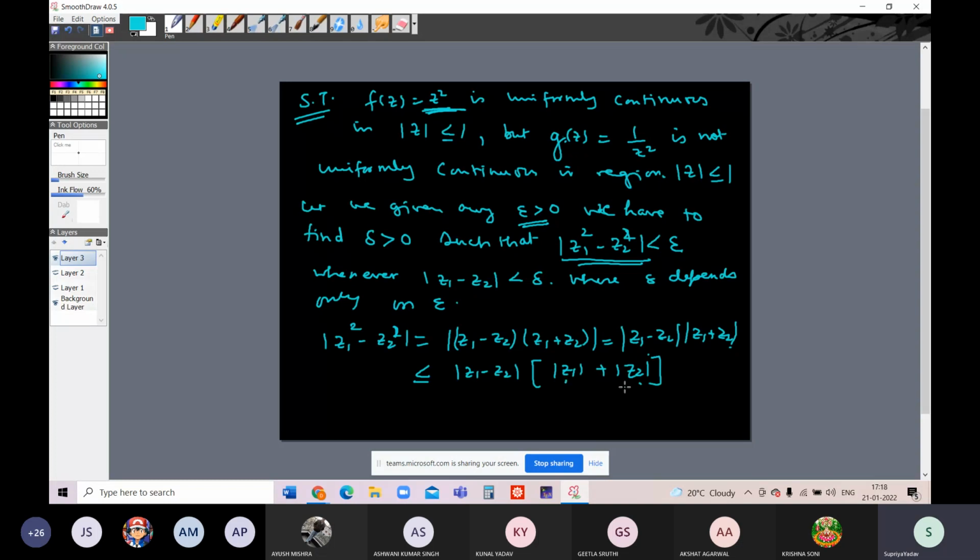Okay, you know that this z1 and z2 are the points from this region, which is the unit closed disk about 0 of radius 1. So mod of this z1 cannot be greater than 1, and mod of this z2 is also always less than or equal to 1. So here we are using the upper bound. It will give you mod z1 minus z2 times 1 plus 1, which can also be written as 2 mod z1 minus z2. Okay, so we are using it.